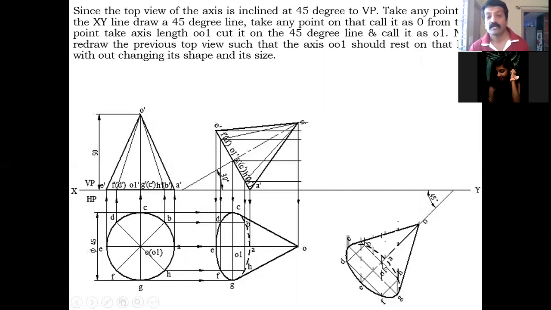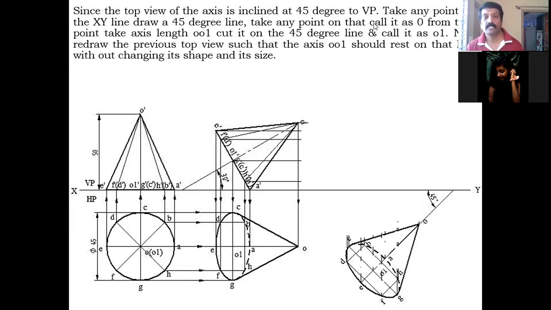You cut those points at the 90 degree line, you will get all the points. Now, without changing its shape and size, this half of the ellipse should be a visible edge and this half a hidden edge, including the tangent. Everything you transfer without changing anything. This completes your top view.